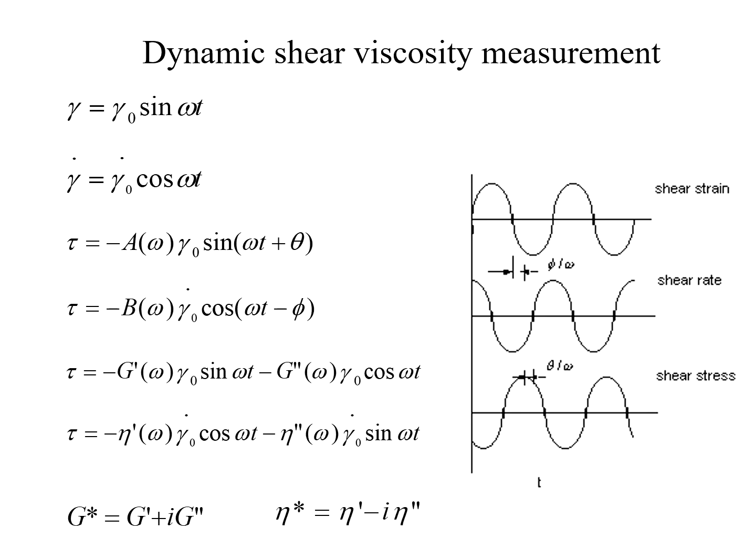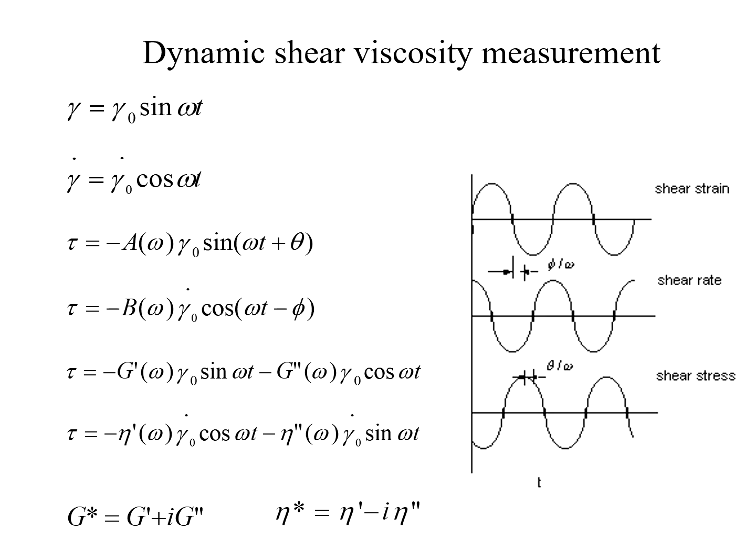Dynamic shear viscosity measurement. This one just shows, in the dynamic measurement, the test fixture is oscillating with time. So all the input and output parameters have either sine or cosine functions in them.